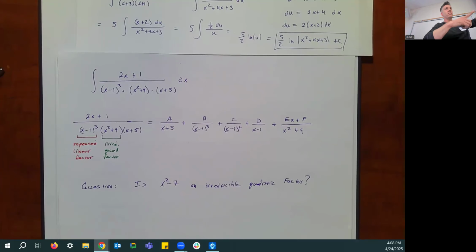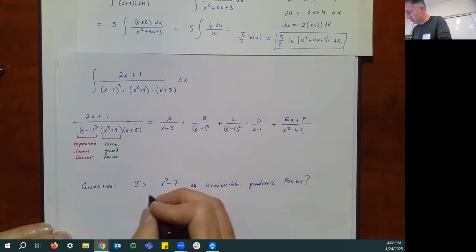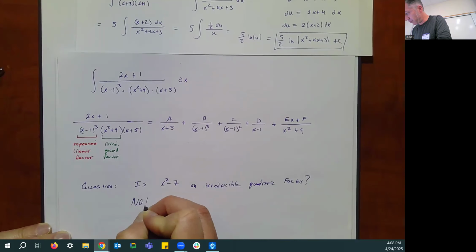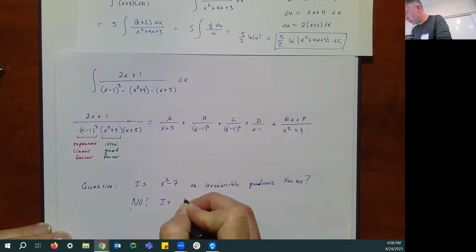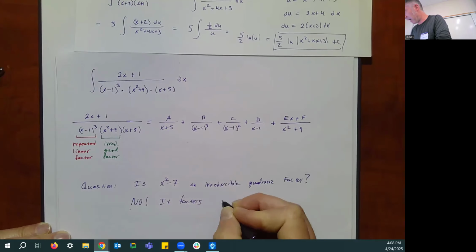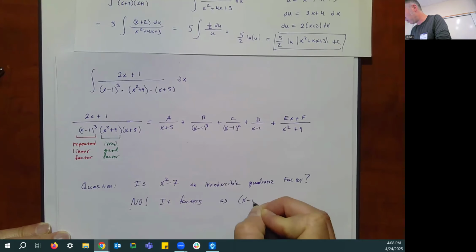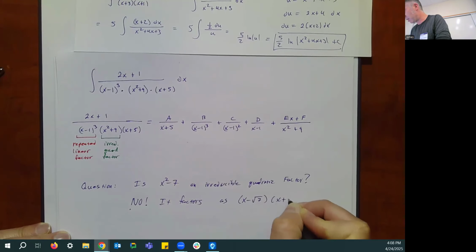Bring the 7 over. The x-intercepts are the square root of 7 and the negative square root of 7. So this factors. It factors as (x minus root 7) times (x plus root 7).